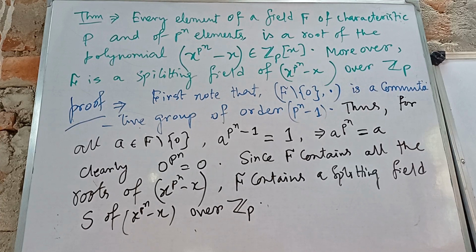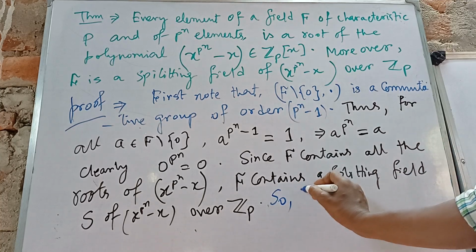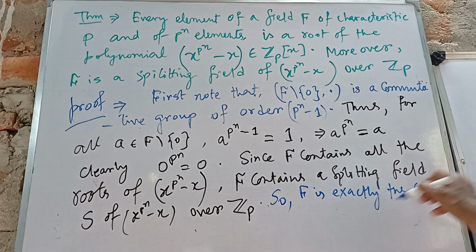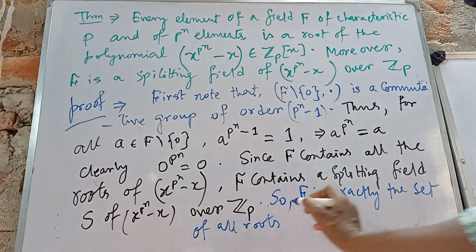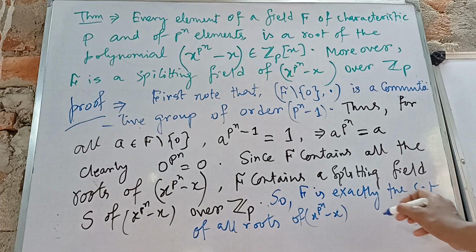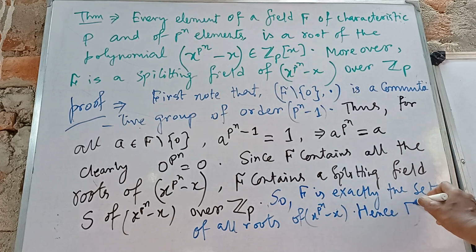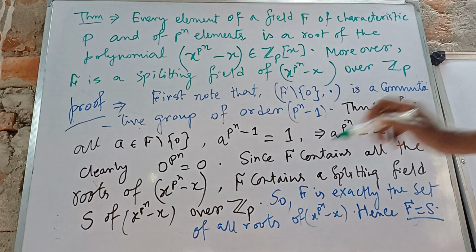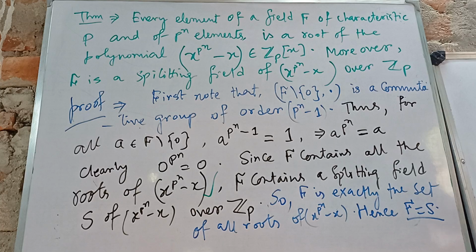So F is exactly the set of all roots of x^(p^n) - x, hence F equals S. Since F contains this one, that means exactly the set of all roots of this polynomial, hence F equals S. F contains all the roots of this one, and so F is a splitting field S, but F is also exactly the set of all roots of this one.